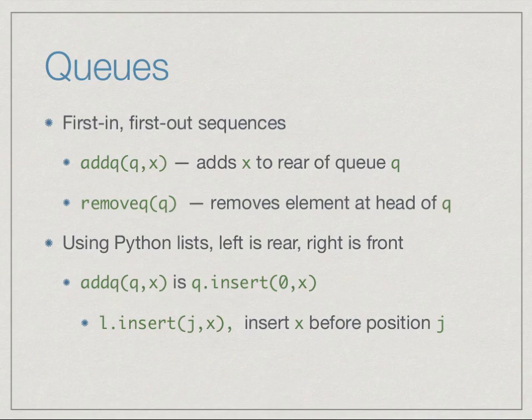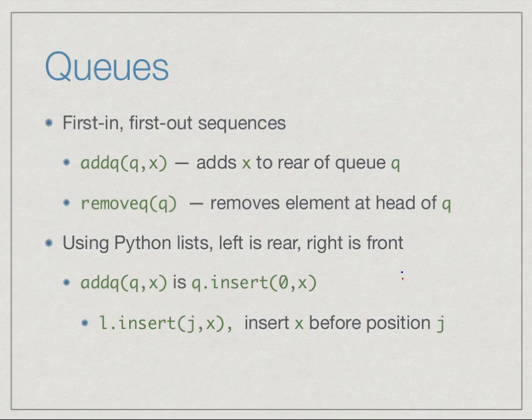So if I have a list L, and if I insert with two arguments j and x, what it means is to put the value x before position j. In particular, if I insert at position 0, this has the effect of putting something before every element in the list. So add q, x is just the same as q.insert(0, x). In other words, push an x to the beginning.